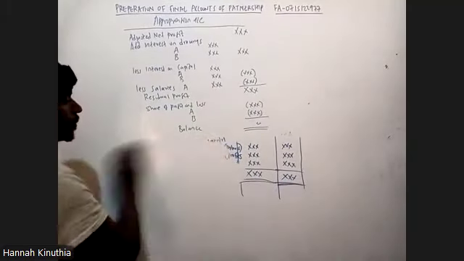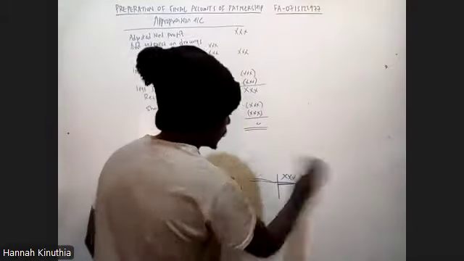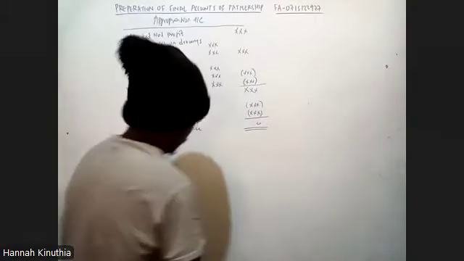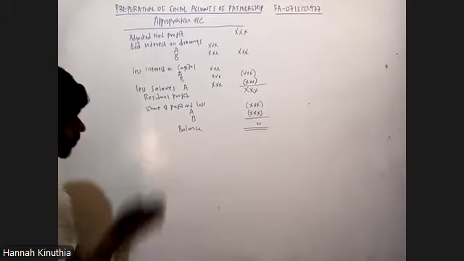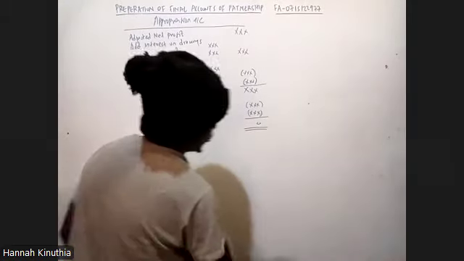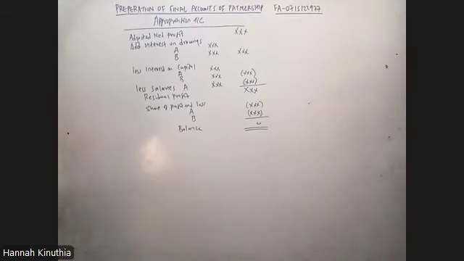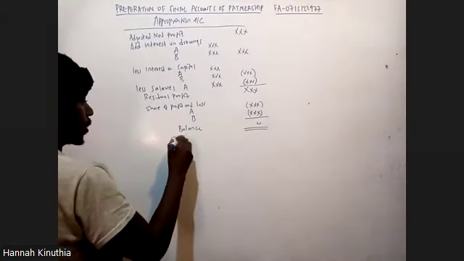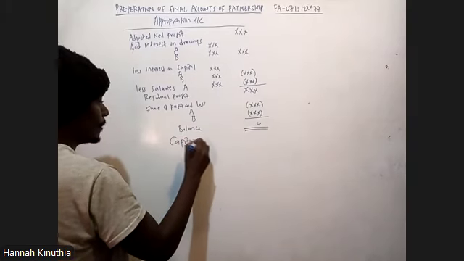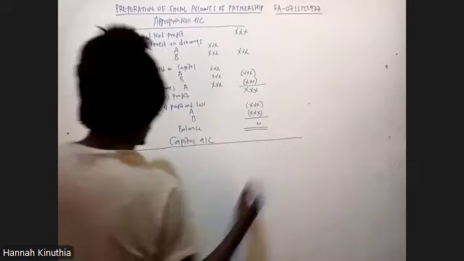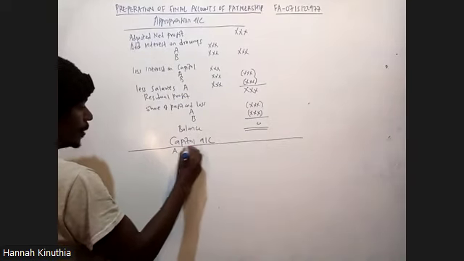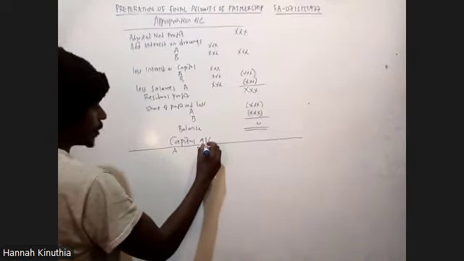Then the capital account. Let us see the capital account. So kama kawaida, we have two partners, A and B. That's our assumption.